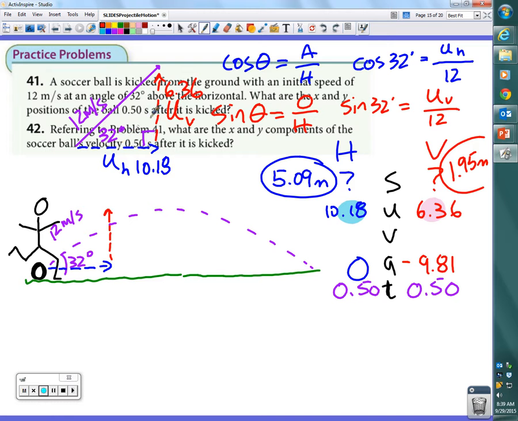We refer to these two as the component vectors of the original velocity, right? The 12 would be u, because that's the initial velocity of that object. But when we're analyzing two-dimensional motion, we can't talk about the initial velocity. We have to talk about the horizontal initial velocity and the vertical initial velocity, which are the component vectors of the 12. We use sine and cosine to find those two sides of the triangle. Okay? Good there?